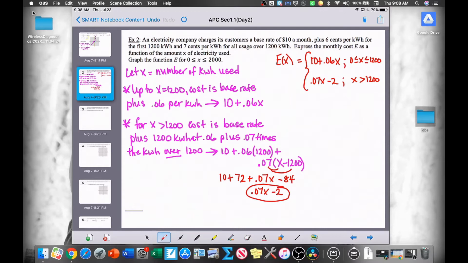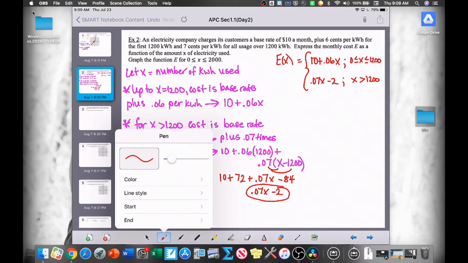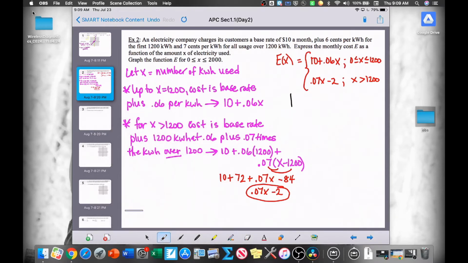It doesn't matter. All right, so now we're supposed to sketch a graph of what this is going to look like. So I'm going to just make a little, and we're not going to fuss about making this perfect here. I'm just going to make a little XY axis here. We're all in the first quadrant, so we don't really have to worry about it.